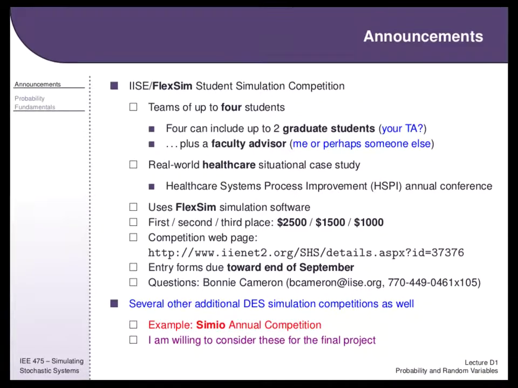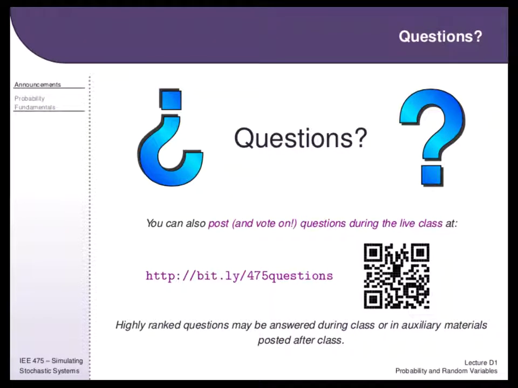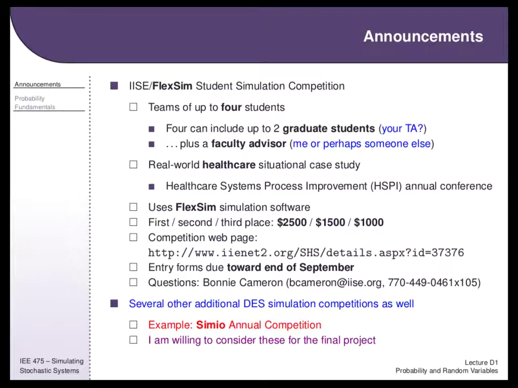All right, and then other competitions as well. Any other questions, admin stuff? Those lab teams, when do we have to have those by? I'm just telling you this stuff because these things are due at the end of the semester, but after the midterm, we'll start getting into all of that.